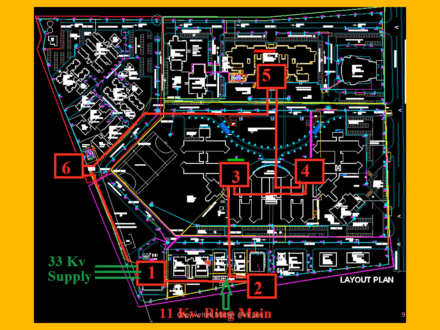This utility center was having the AC system, and it was the biggest load, so we brought the cable up to this AC station, and from here it is looped to two transformers provided in the medical system, healthcare system.